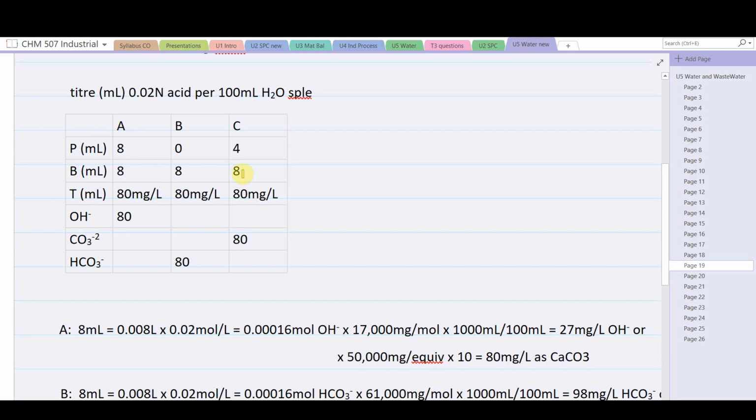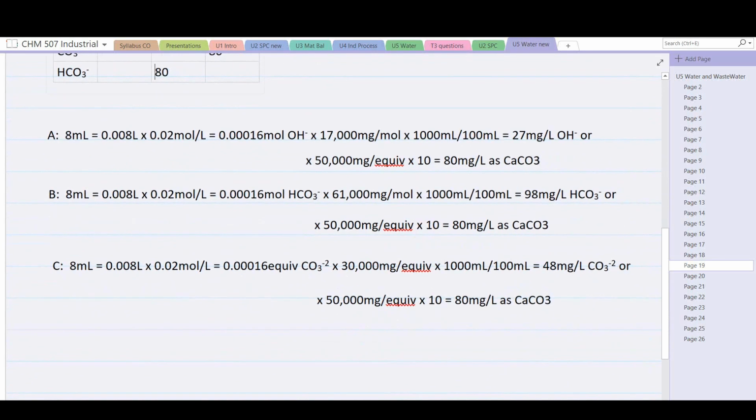So again, 8 times 10 milligrams per liter per mil is 80 milligrams per liter of alkalinity, but this time it's all carbonate. But we report it as calcium carbonate. And here's how we do it. We say 0.008 liters of acid times the molarity, 0.2 moles per liter, means there's 0.0016 moles of hydrogen ion delivered, neutralizing 0.0016 equivalents of carbonate ion, times the equivalent weight of carbonate, 30,000 milligrams per equivalent, times our dilution factor of 10.